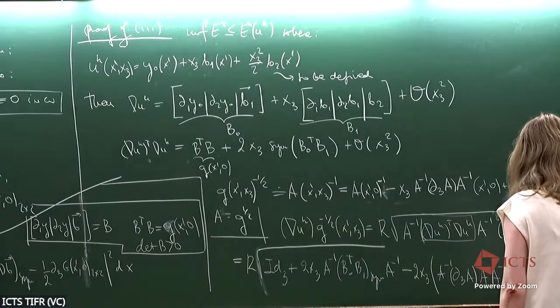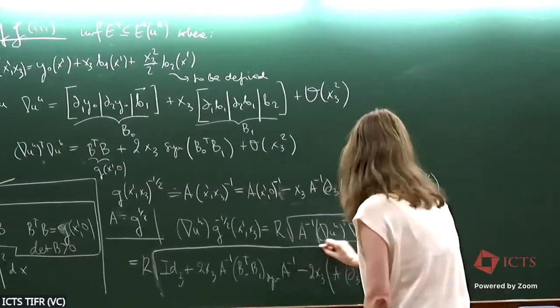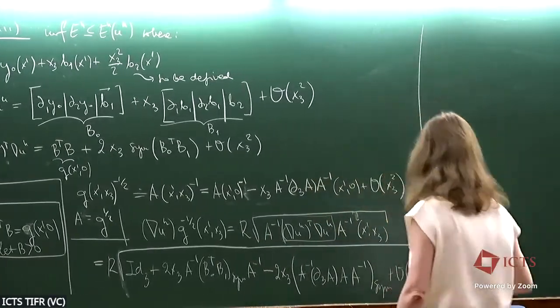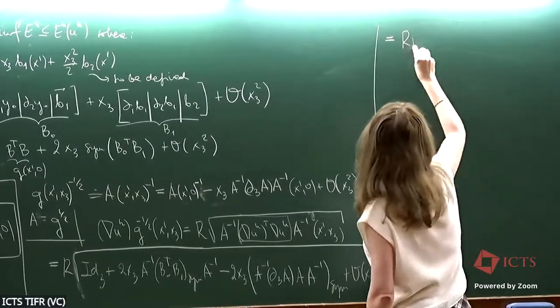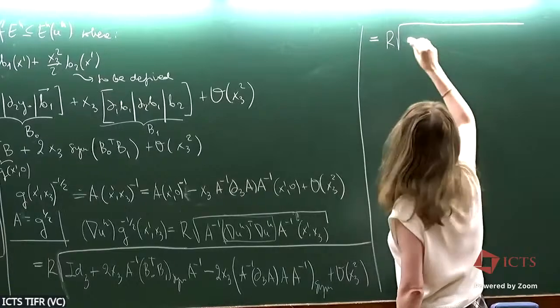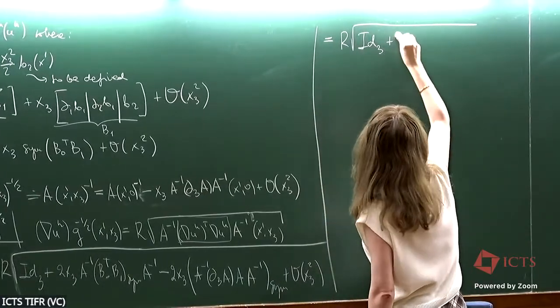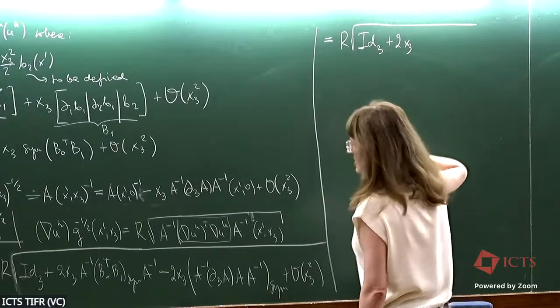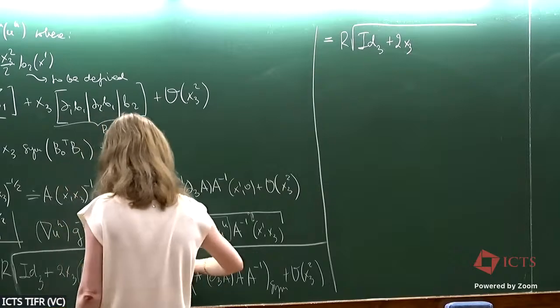Plus O of x3 squared, and the square root continues. So that is rotation, square root, and now I have 3 identity plus 2x3, and I want to put this A inverse here and A inverse here outside.